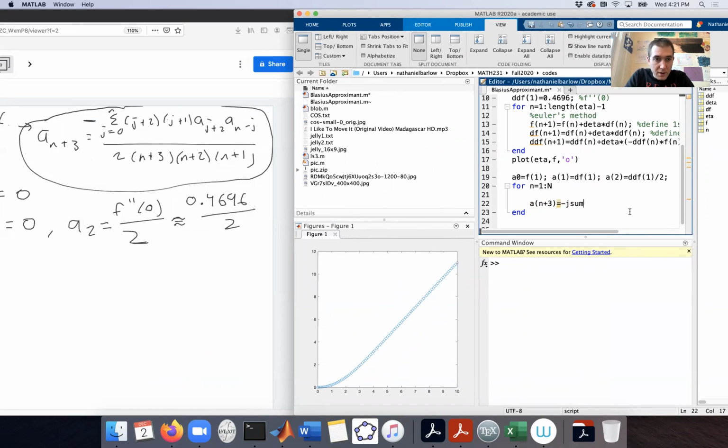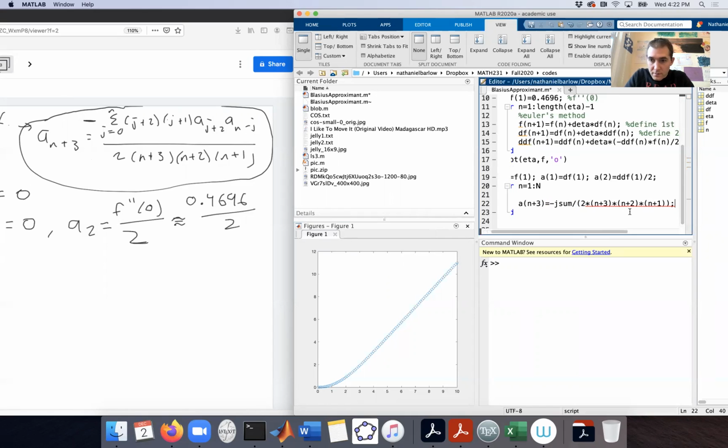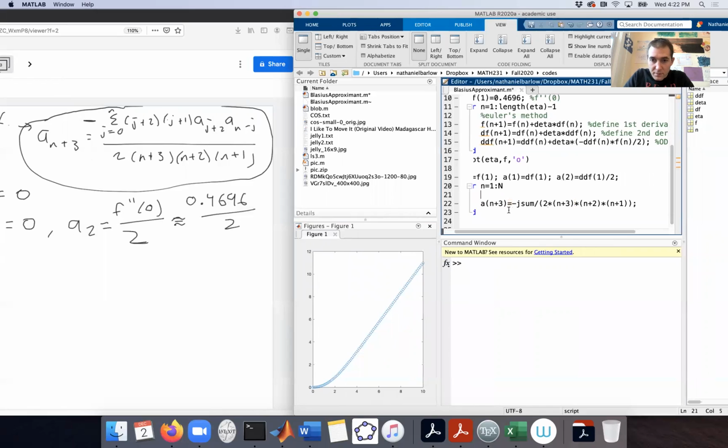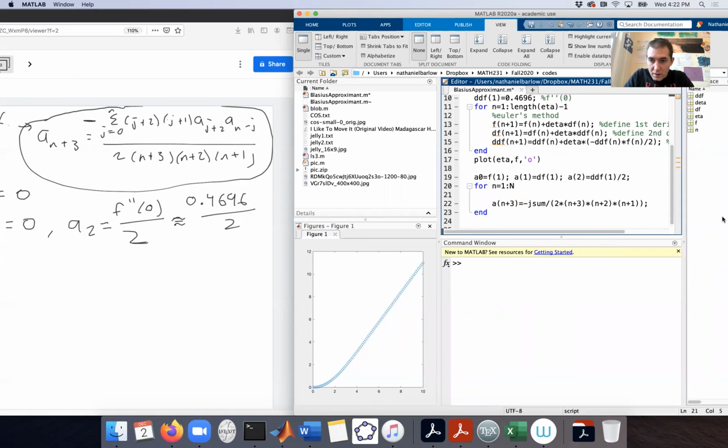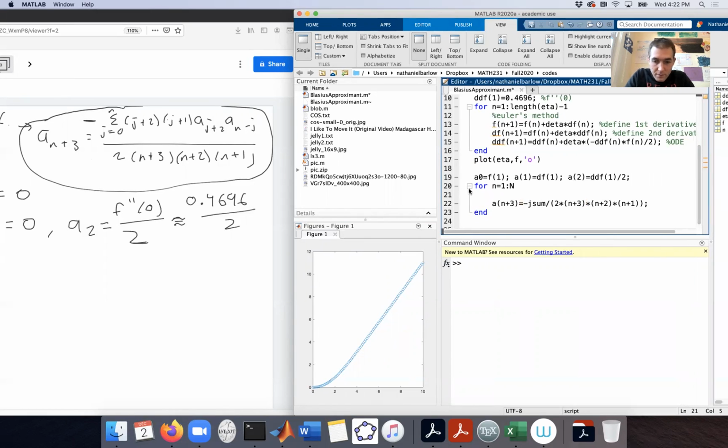J sum divided by 2 times n plus 3 times n plus 2 times n plus 1. Okay. Now to deal with J sum. J sum, we'll say equals something.